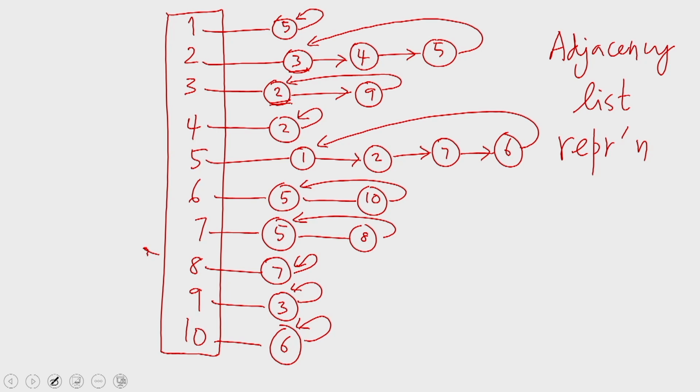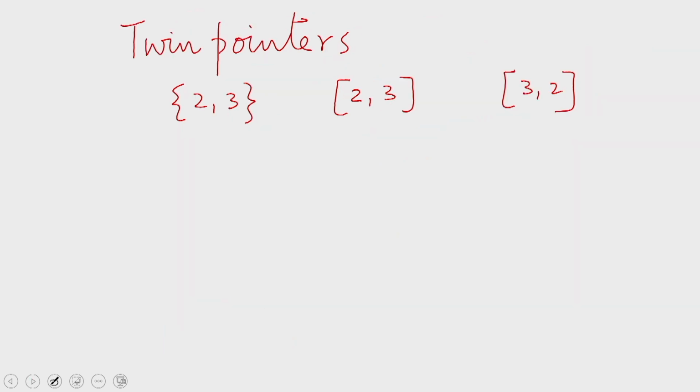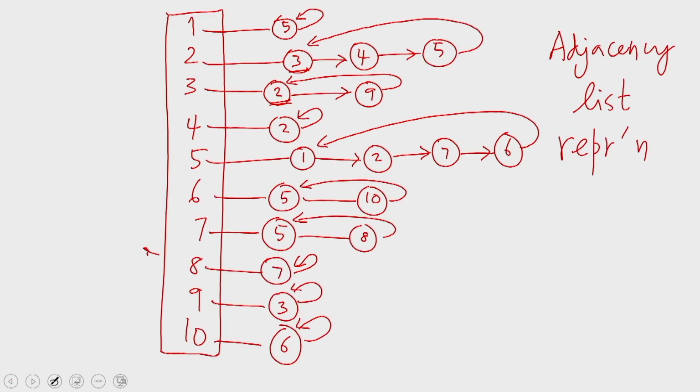We call them the twins of each other. A twin pointer is a pointer between the twins. So, what we assume is that all the twin pointers are available, which means the entry 2 3 points to the entry 3 2 and the entry 3 2 points to the entry 2 3. That is, these two underlined entries point to each other.